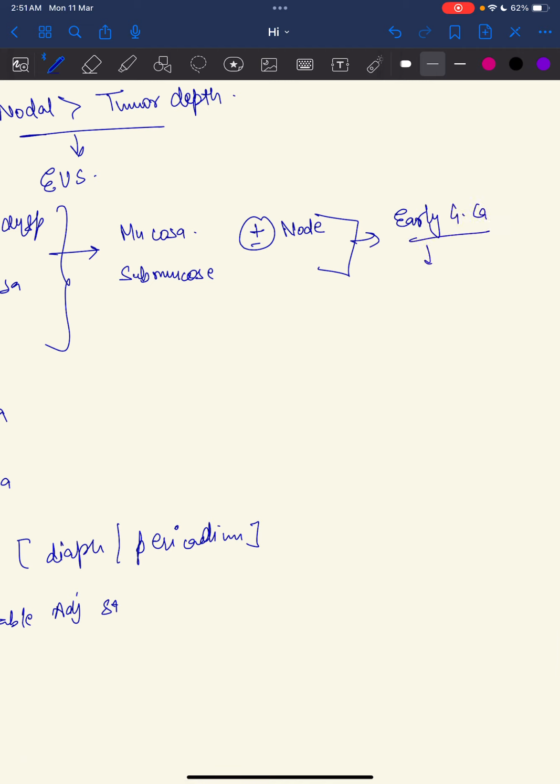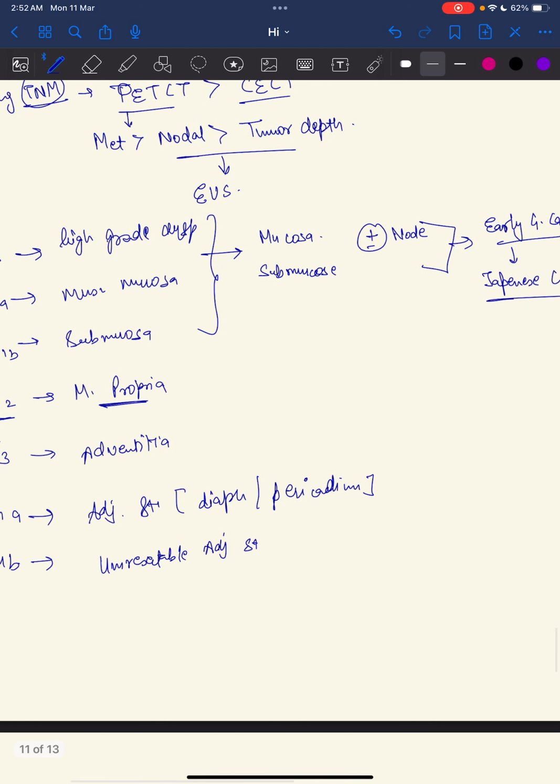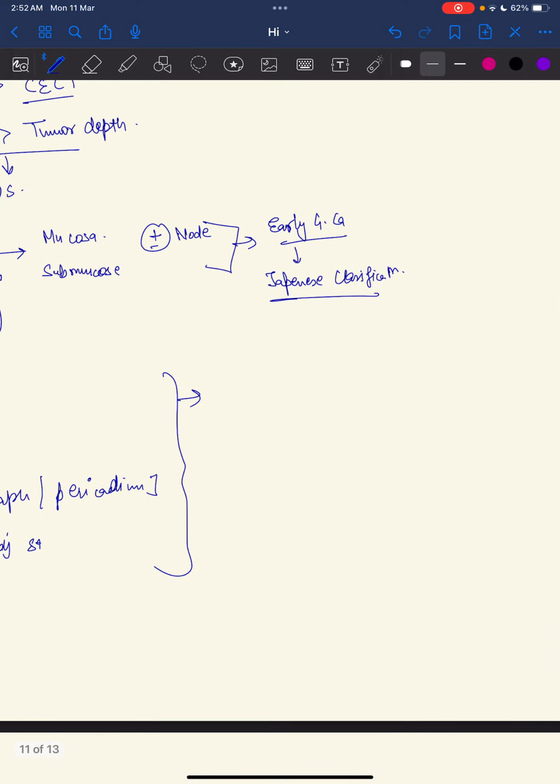And for this we have a Japanese classification. For the later one, which is muscle involving, that is serosa involving, this is the late gastric CA, which has the most risk of vascular invasion.